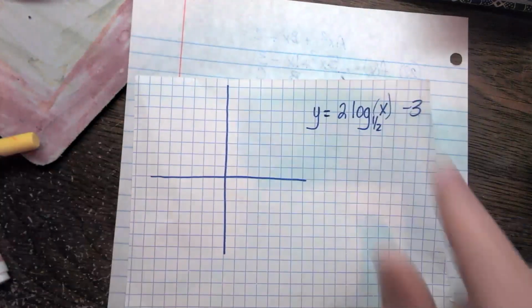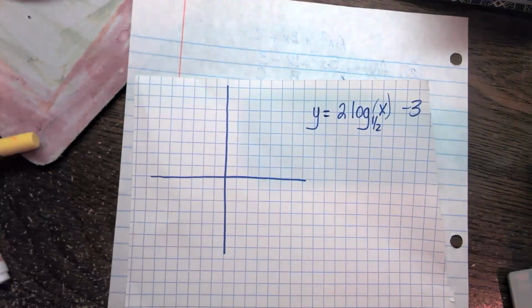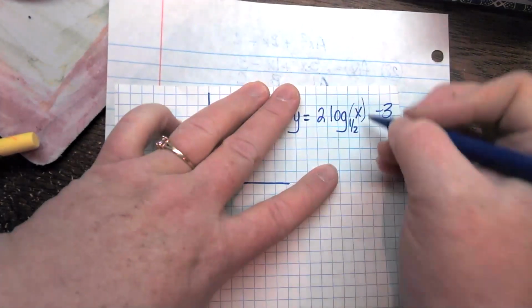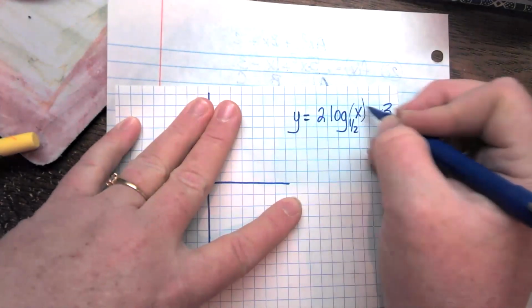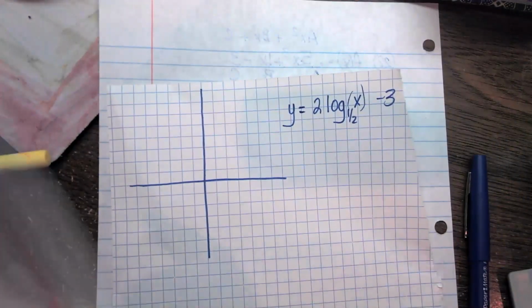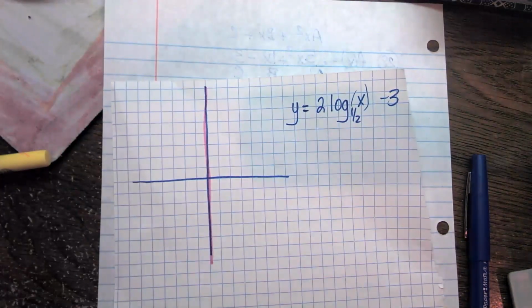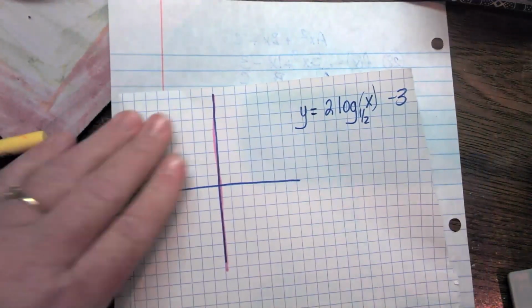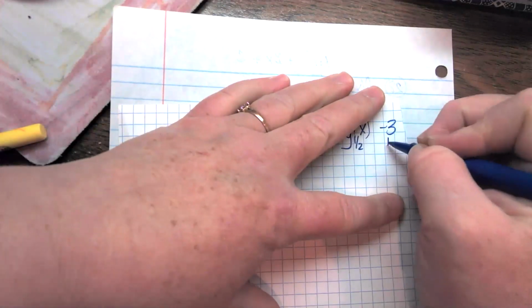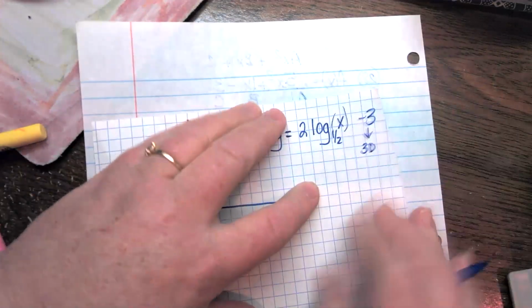I'm putting this so that you realize that that 3 is not being involved on that. If the x is not, I'm not going left or right, well then my asymptote stays at 0. This 3 moves 3 down.